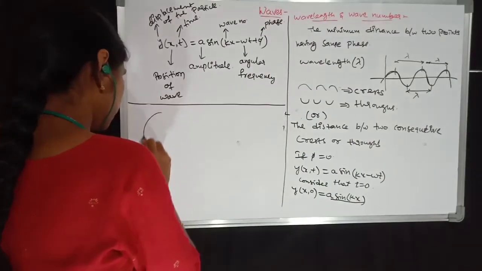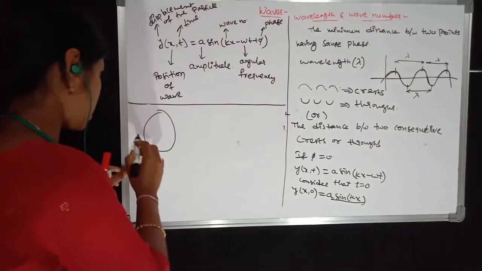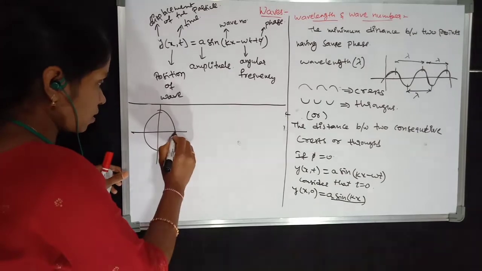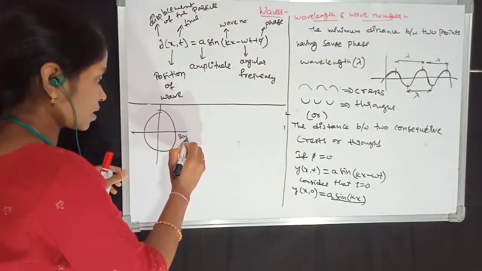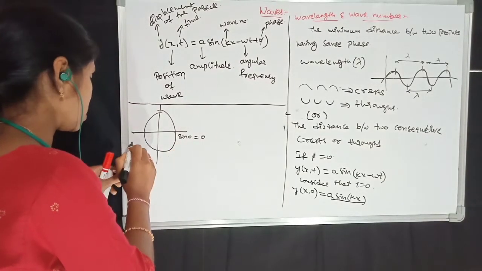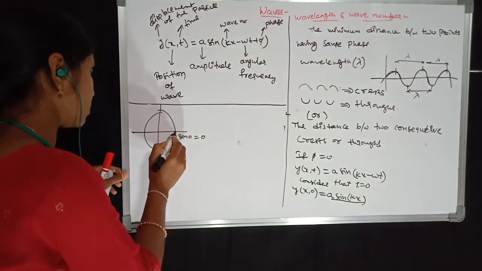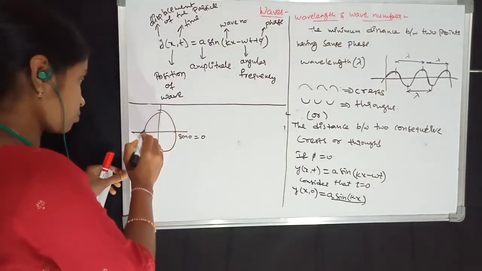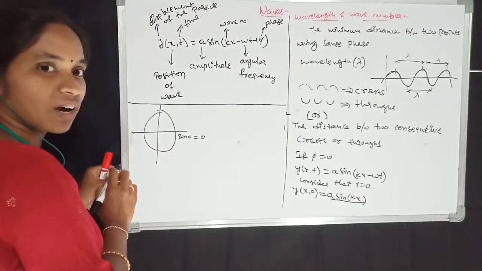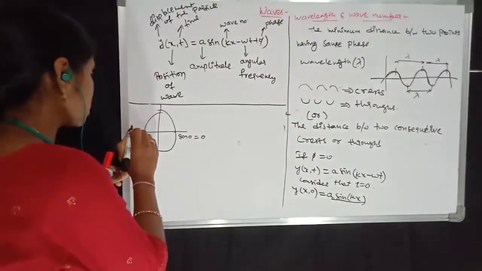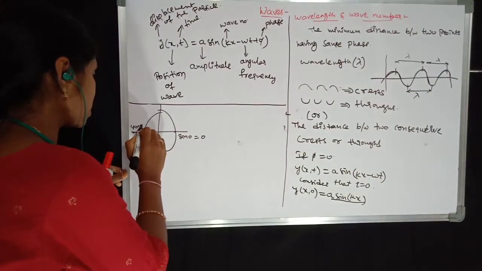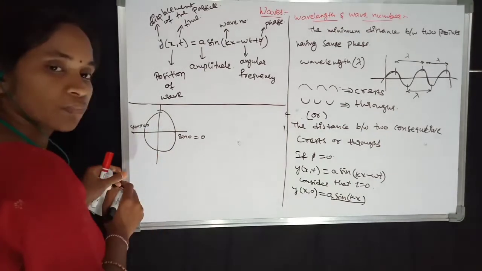For example, this is a circle, and this is 0 degrees. Sine 0 is 0, and this is 180 degrees. If the particle moves from this point to this point, it has covered 180 degrees. Then sine 180, which is sine pi, is also equal to 0.